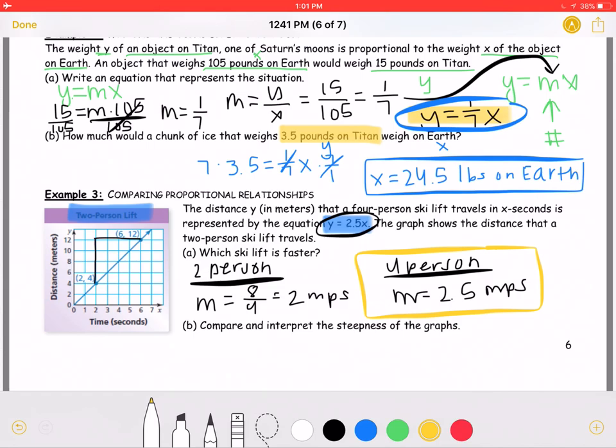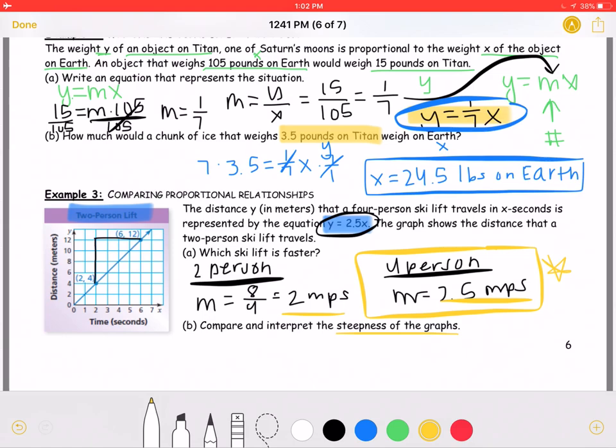It says compare and interpret the steepness of the graphs. So I'm not going to have us graph this equation or anything, but I just want to look at this. If we were to graph it, since the slope is larger or faster, do you think that the 4-person graph would be steeper than the 2-person graph? Hopefully you're thinking yes.